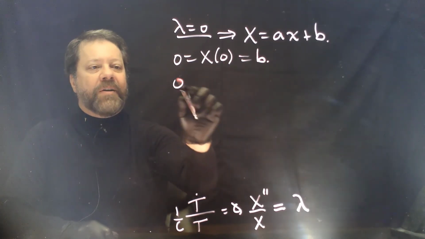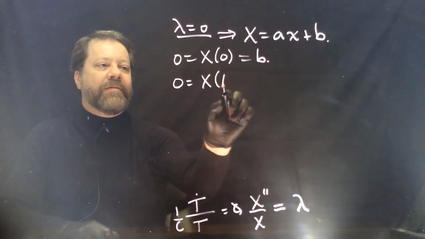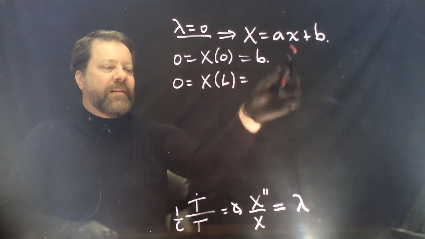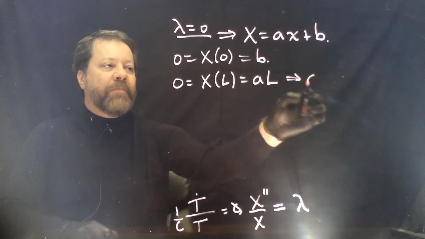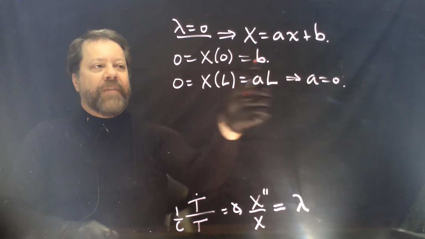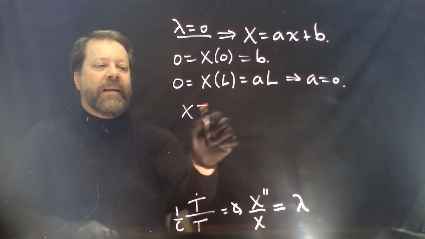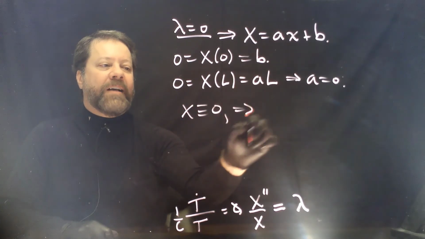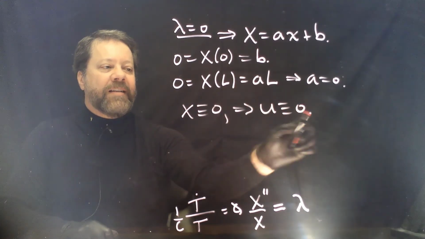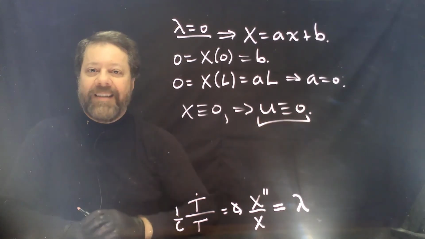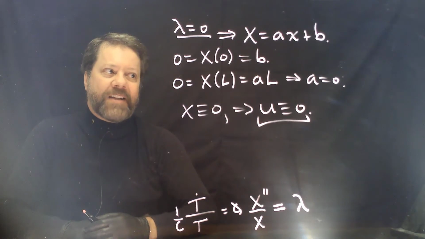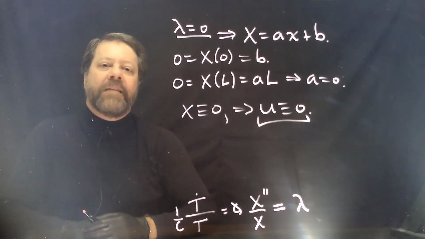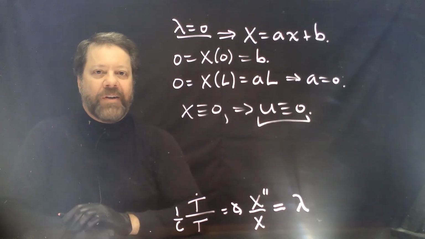Now that b is 0, we look at the other boundary condition. L is not 0, so that implies a is 0. If a and b are both 0, X is identically 0, and that implies that U is identically 0. The trivial solution to the heat equation. Well, it may not satisfy our initial data, and so it's not good enough.